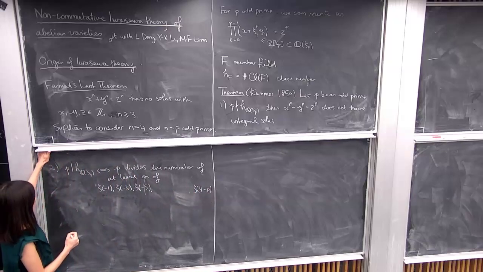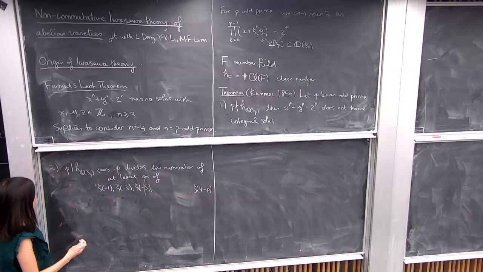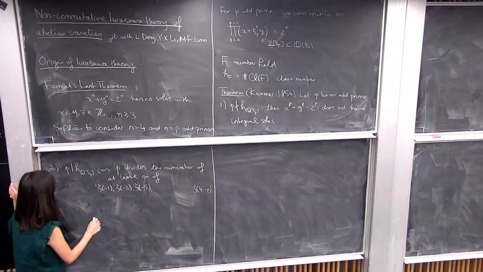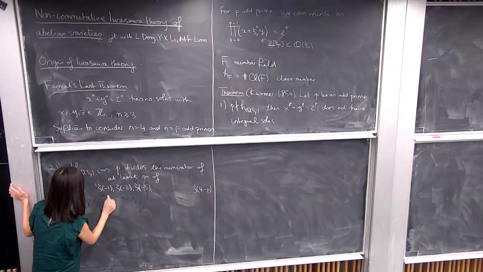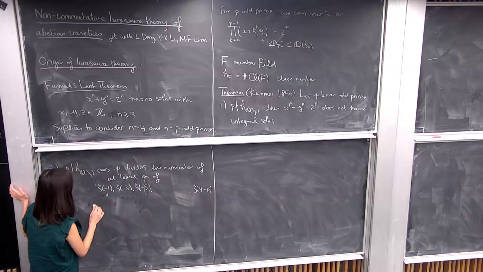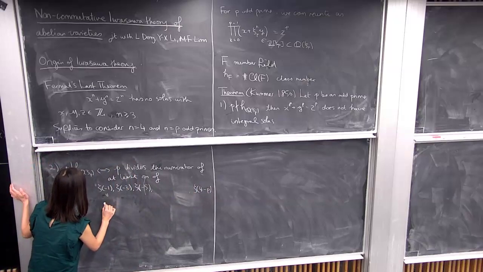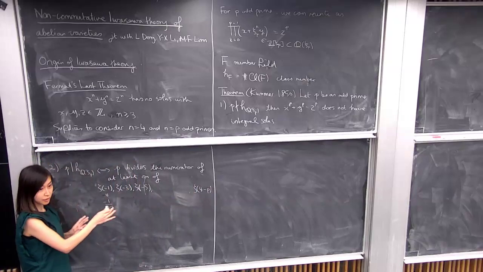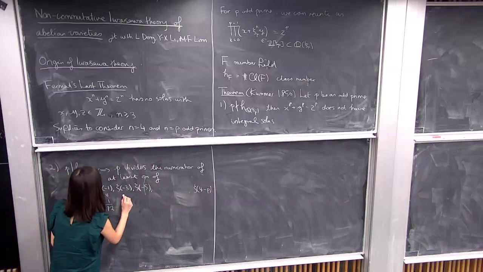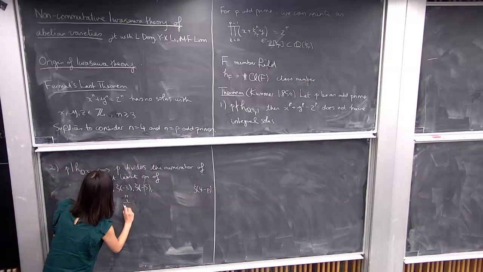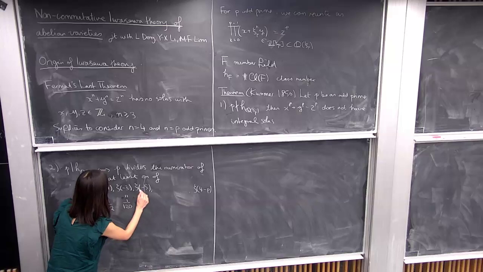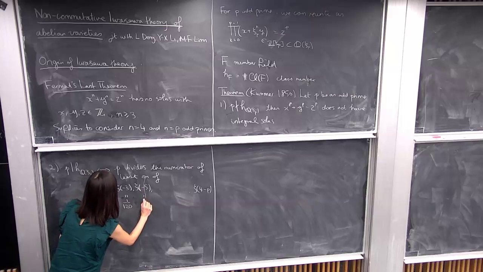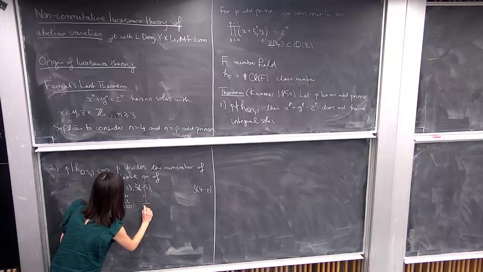And so in particular, we have zeta(-1) is equal to -1 over 12; there's an expression for this in terms of Bernoulli numbers. Zeta(-3) is 1 over 120. Zeta(-5) is -1 over 252.